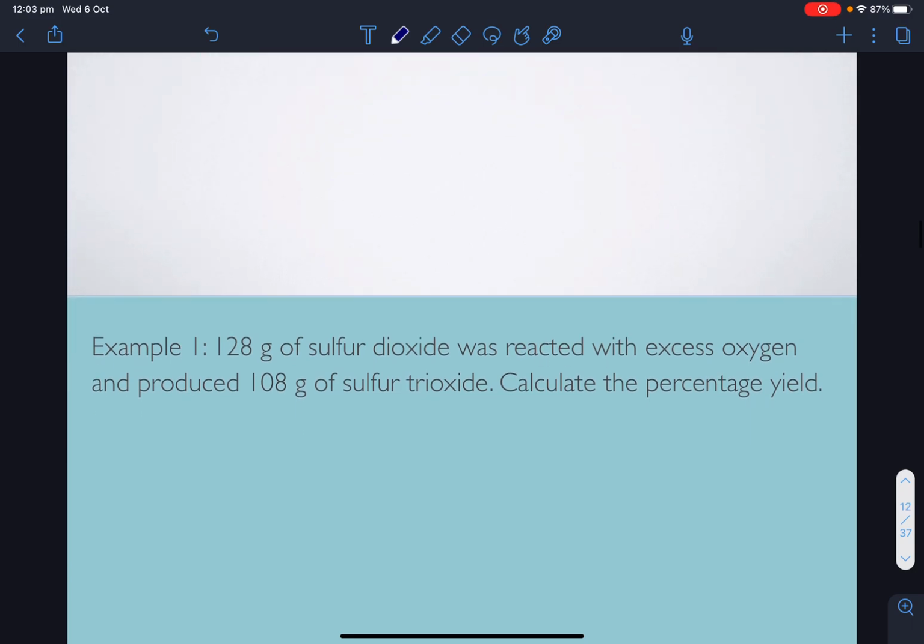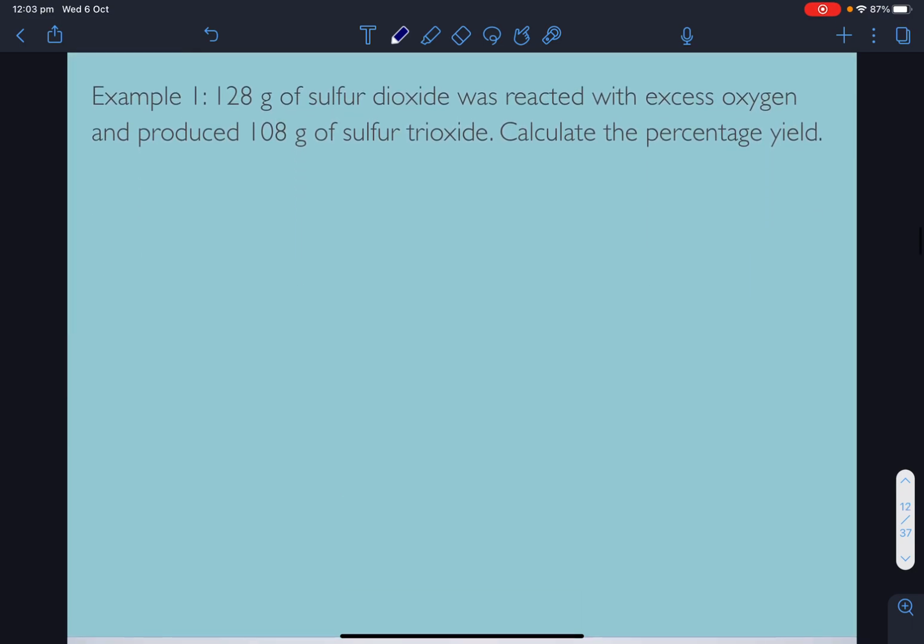Let's do a problem. 128 grams of sulfur dioxide was reacted with excess oxygen and produced 108 grams of sulfur trioxide. Calculate the percentage yield. So if I'm calculating a percentage yield, I need to calculate the theoretical yield, and hopefully they should have given us an actual yield.